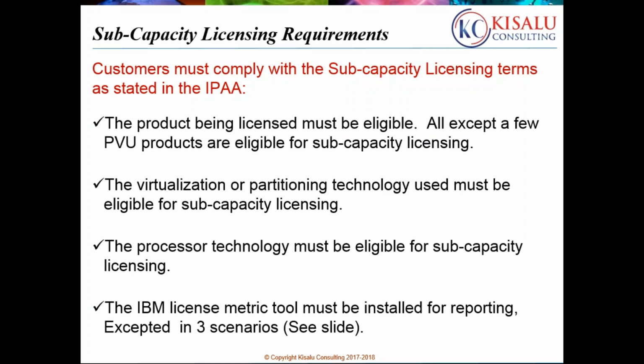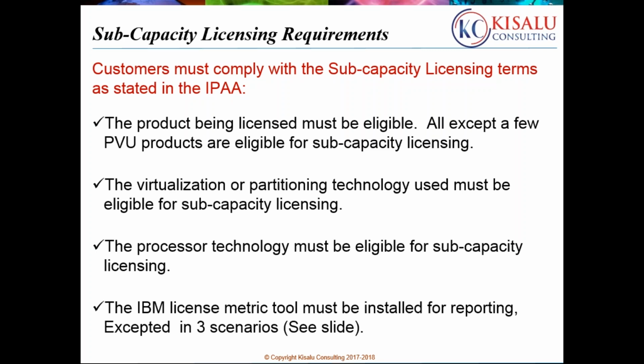Most of the products are eligible except a few, and the virtualization or partition technology must also be eligible for sub capacity licensing. The technology of the processor must be eligible as well. All of these are included on the IBM Passport Advantage website. People can read it. It is detailed there.